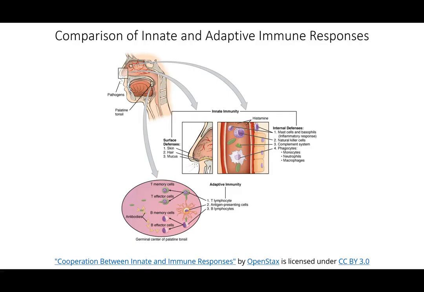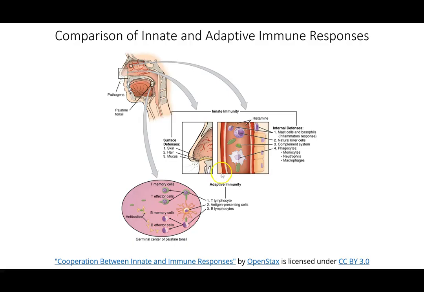And then our B lymphocytes are largely going to be our memory cells and producing antibodies, which will attach to those special surface proteins, those name tags, and will help further signal to T cells and the innate immunity cells to come and destroy that particular pathogen or infected cell.